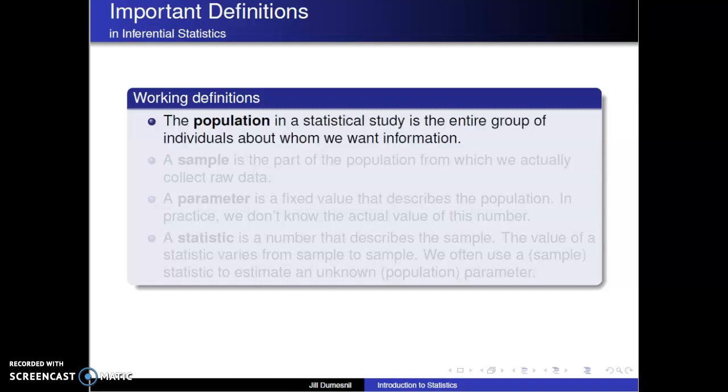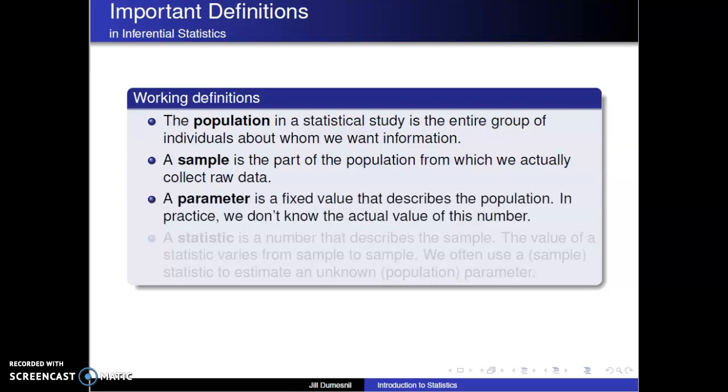The population in a statistical study is the entire group of individuals about whom we want information. A sample is the part of the population from which we actually collect raw data. A parameter is a fixed value that describes the population.